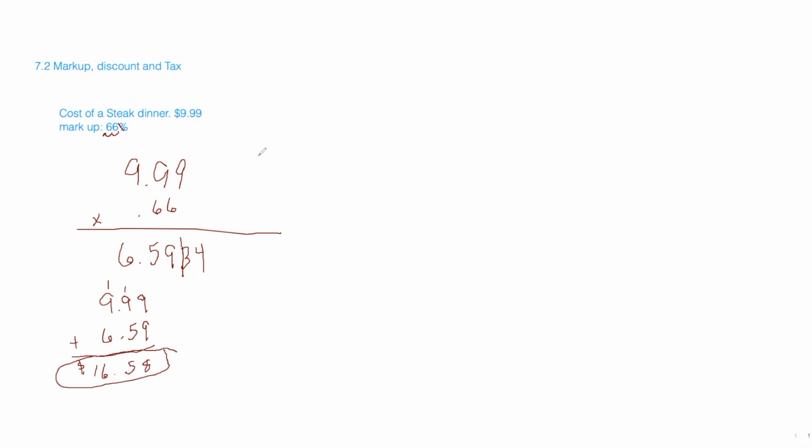But also, and of course you're using your calculator, you could go ahead and add 100%, because you're adding the $9.99 already to it. So I'm going to multiply times 1.66. By adding that 1, what you're doing is adding 100%, or the $9.99, to the 66%.